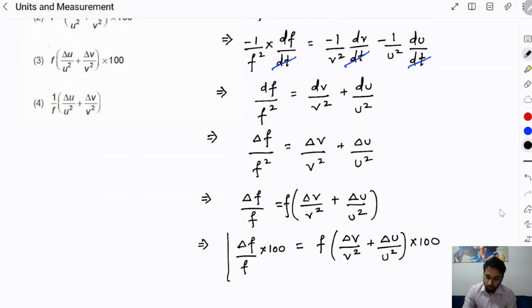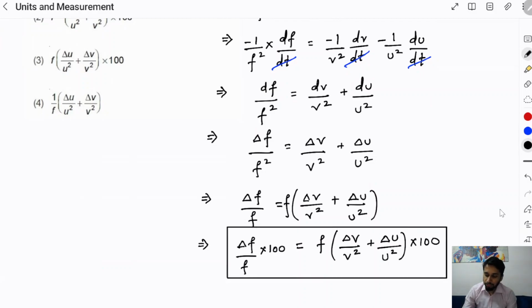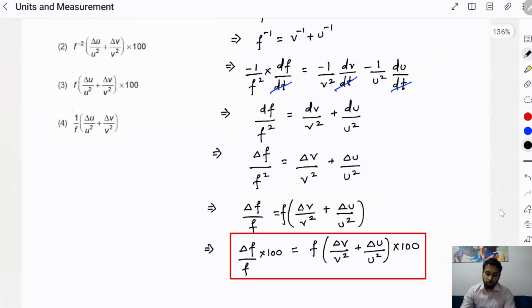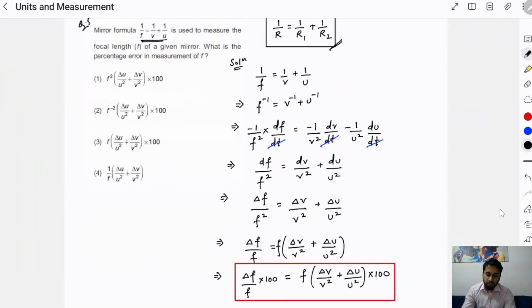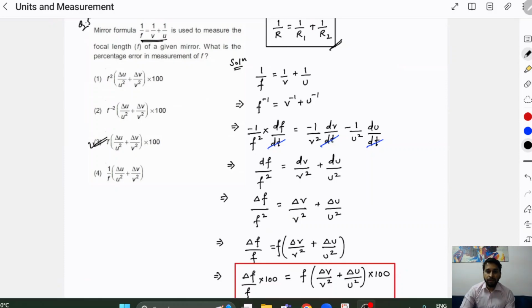Fine. So this becomes the relation. Okay. So if we zoom out, we can see the answer will be the third option. Okay. Fine.